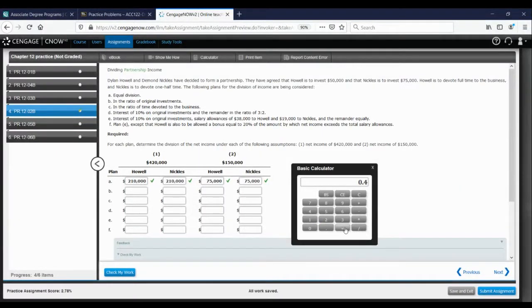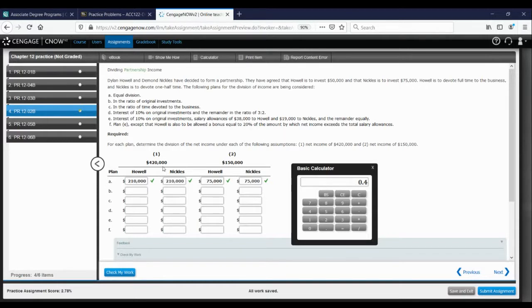What this will do is tell me that Howell is going to be able to share in the net income at 40%.